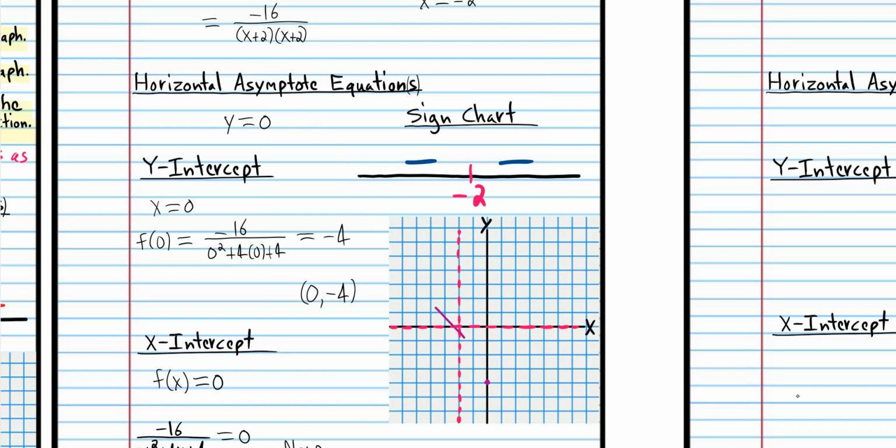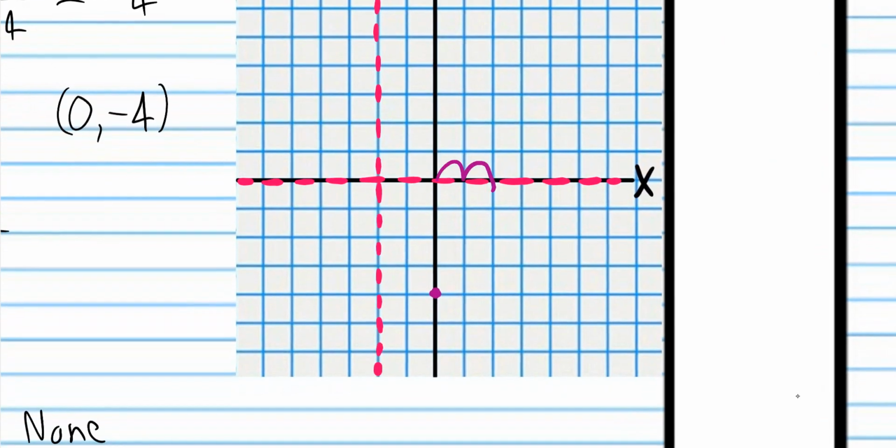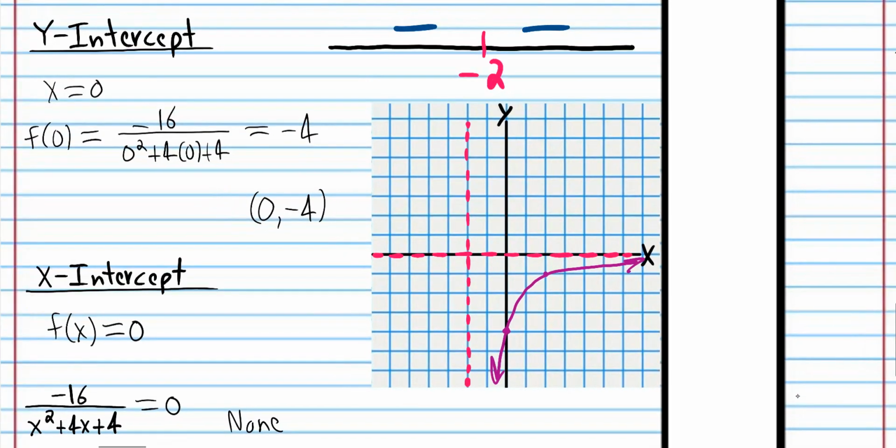Actually, I'm going to plug in 2. If I plug in 2, it looks like we get -1. So (2, -1). And that's probably good enough to make my graph as accurate as it really needs to be for this class.